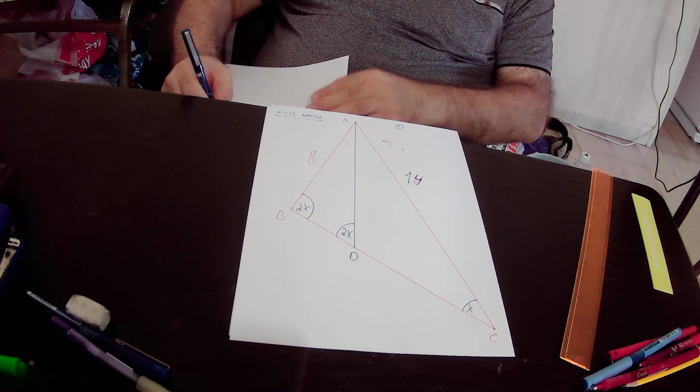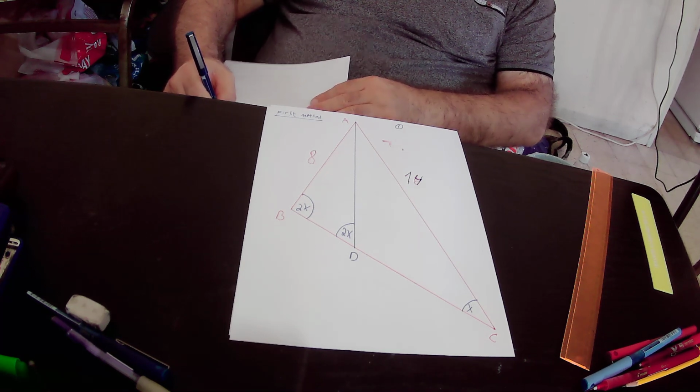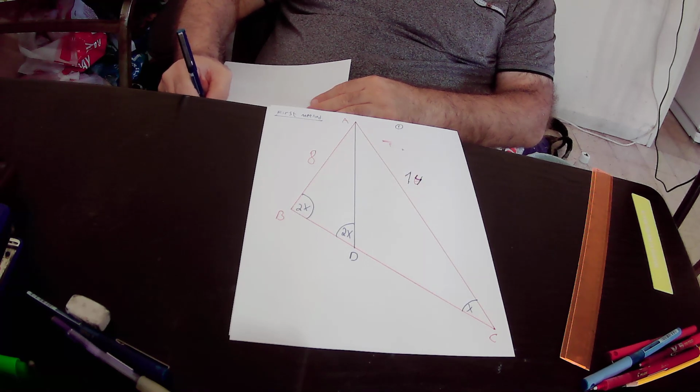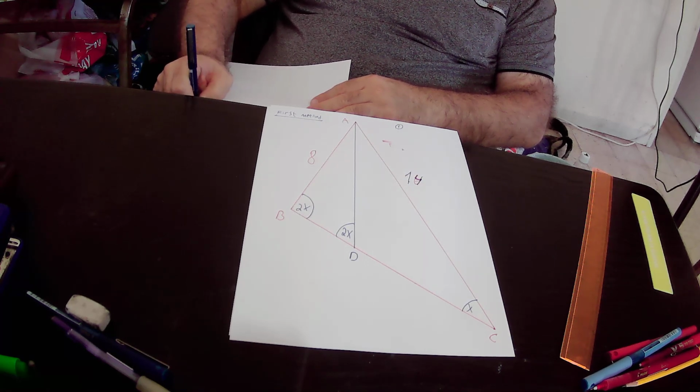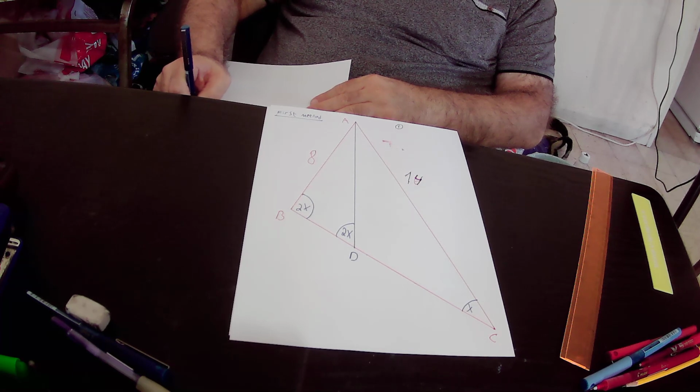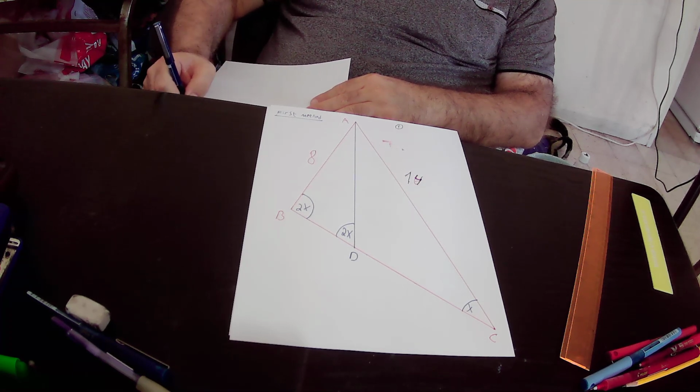AB will be equal to AD because angle ADB equals angle ABD.